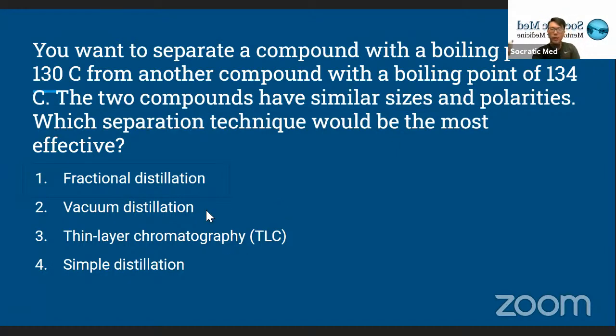Thin layer chromatography I haven't gone over yet, but this is for compounds with differing polarities. And simple distillation can be used when the boiling points are less than 150 degrees Celsius, and also more than 25 degrees Celsius apart. So, yep, fractional distillation.